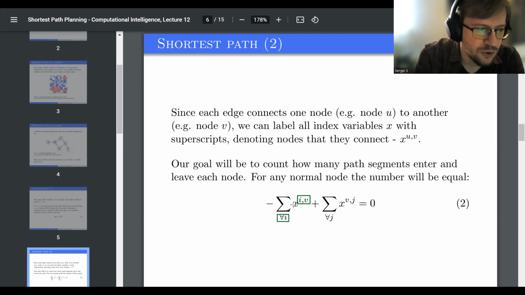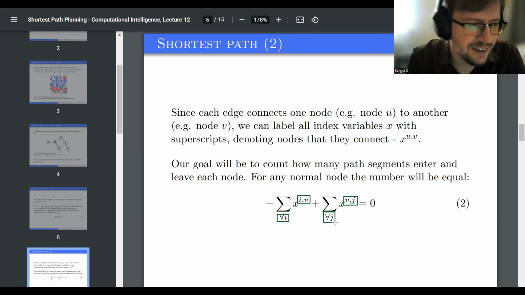And this is a notation that implies all path segments that lead out of node v to any node j. So we have this sum here and this sum here.